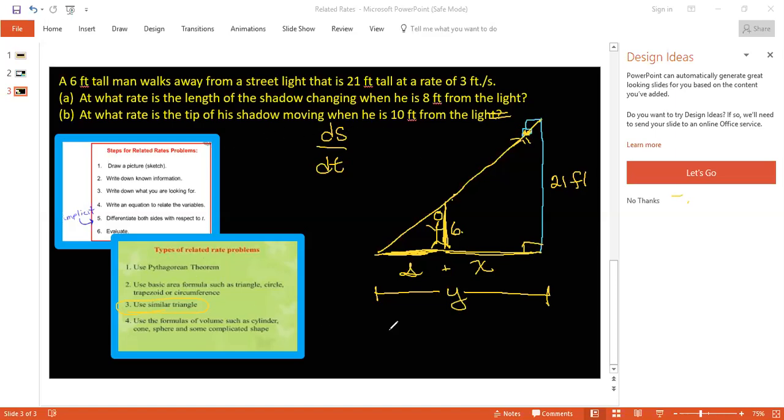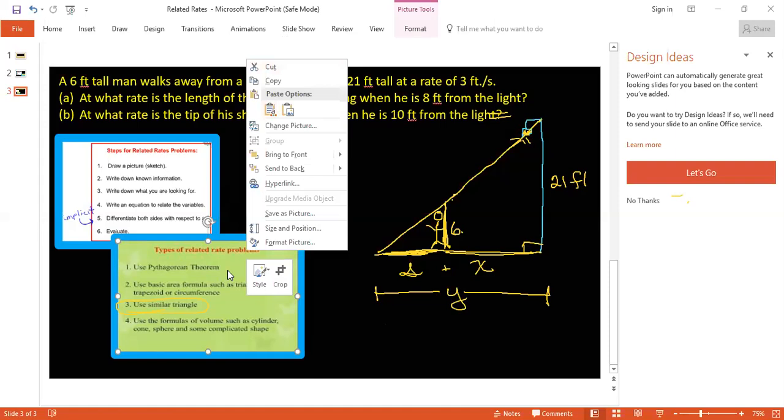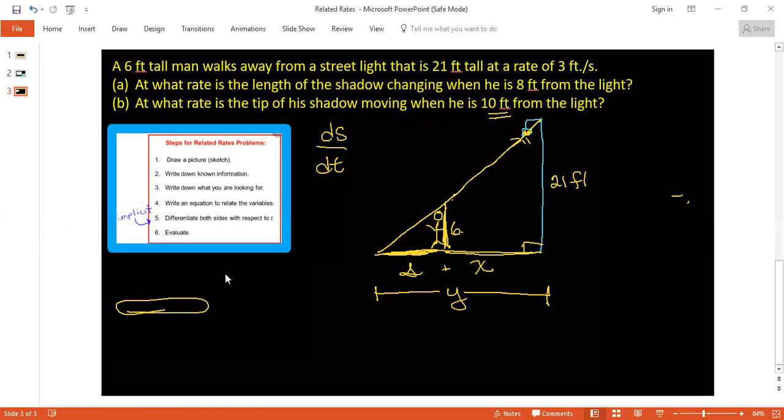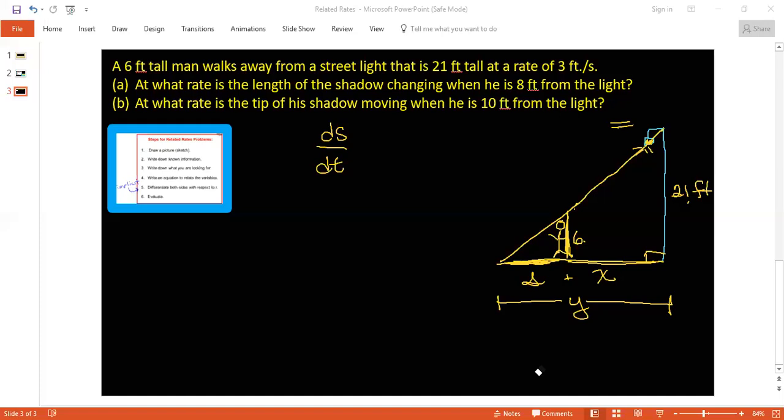And how I'm going to do that is, let me delete this picture, so we already decided. It's like I see that there's similar triangles because I see what's happening. It's just like when you see a certain problem and you know right away that's going to be a Pythagorean theorem.